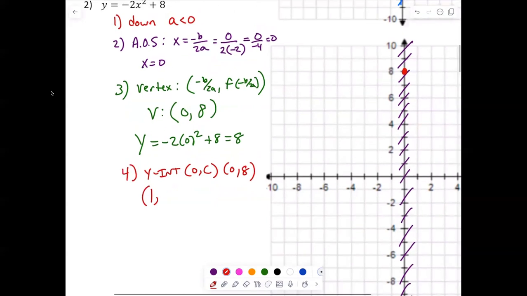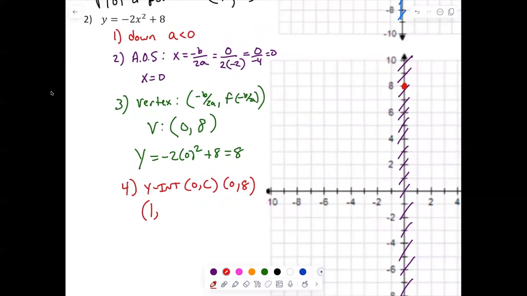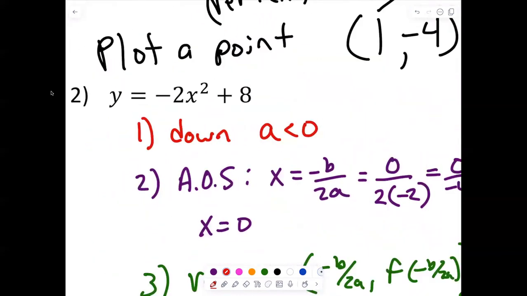Somebody said, what? No. Definitely not. Why are you guys guessing? Plug 1 in for x. This is mental math. We're having trouble with 1 squared. 1 squared is 1. What's 1 times -2? -2 plus 8.